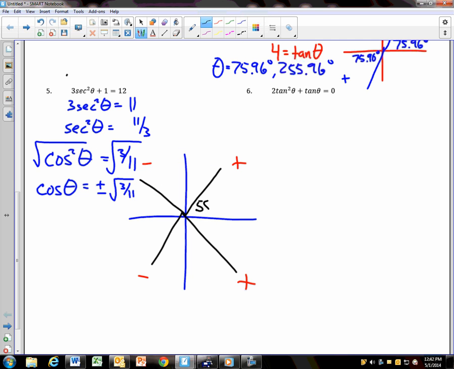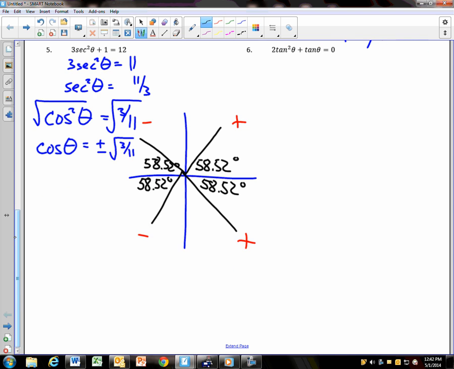So again, sometimes people write these in the incorrect spot. You're always between the terminal side and the x-axis. It's my first angle. How do I find my second angle?